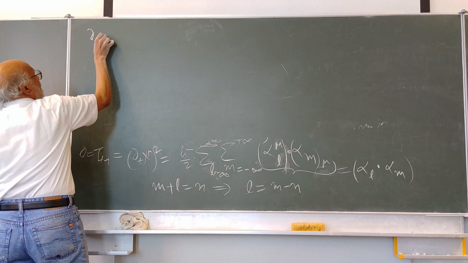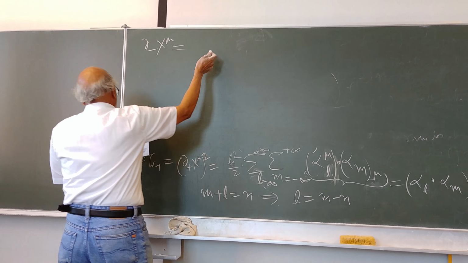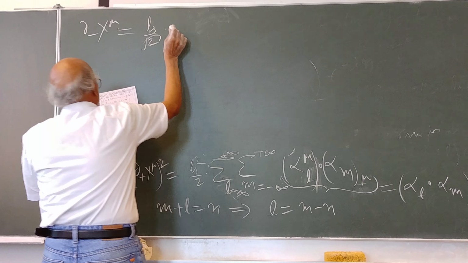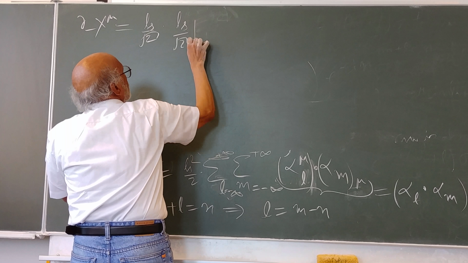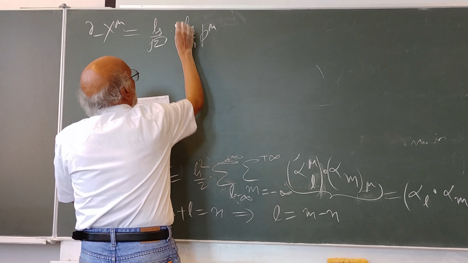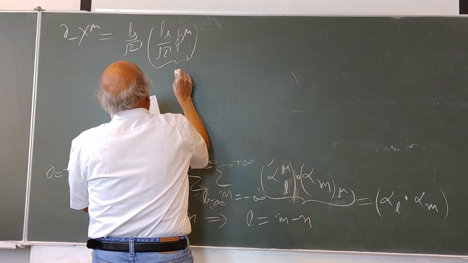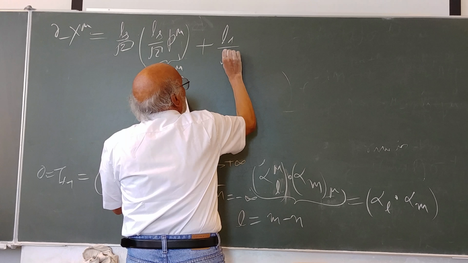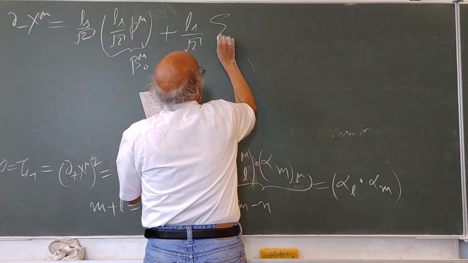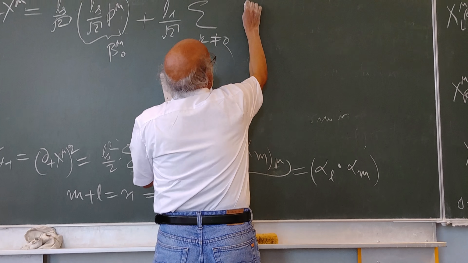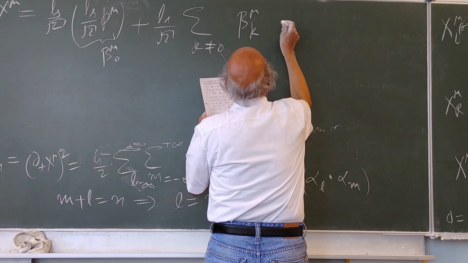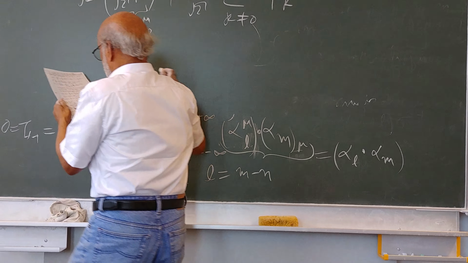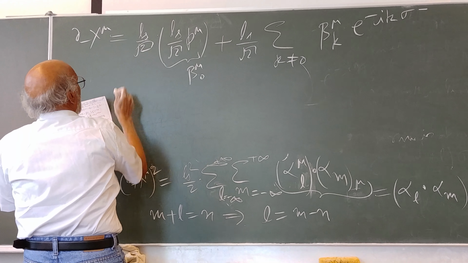I could calculate del minus x mu in the same manner, and then this would be ls by root 2 into ls by root 2 into p mu, which I would substitute for beta mu 0 plus ls by root 2 into k not equal to 0, beta mu k e to the power minus ik sigma minus, and then I could absorb this into that.